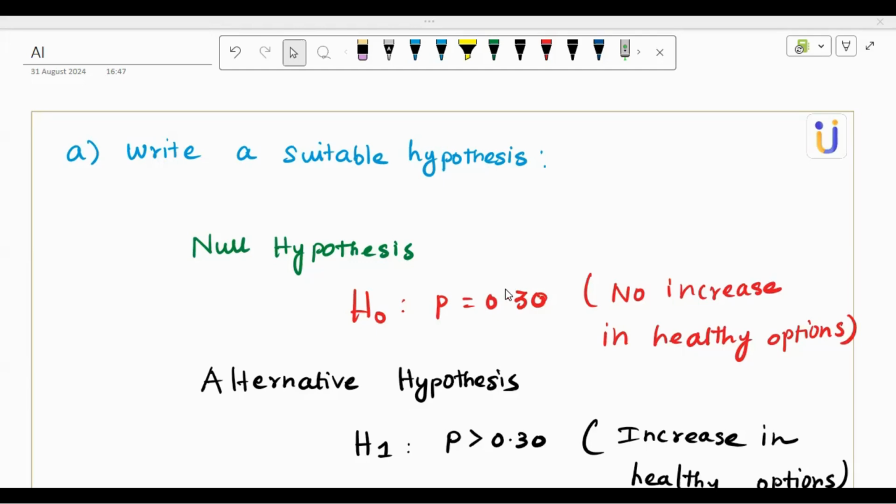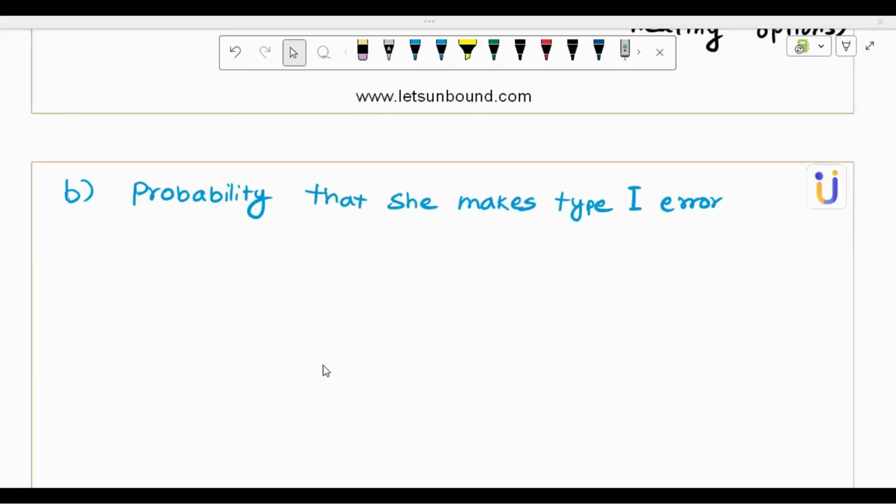Now in this random sample of 80 students, we should be careful. 30% means out of 100 students, 30 are choosing healthy options. Now, out of 80, if at least 31 choose a healthy option, she will reject the null hypothesis. And here we know two kinds of errors can happen. Find the probability that she makes a type 1 error. That's the next part.